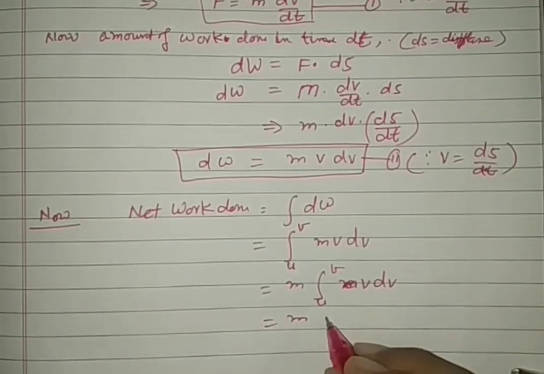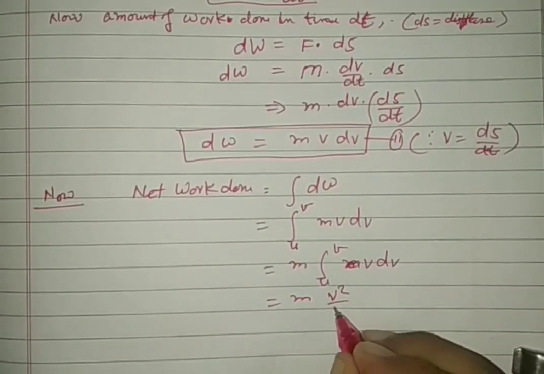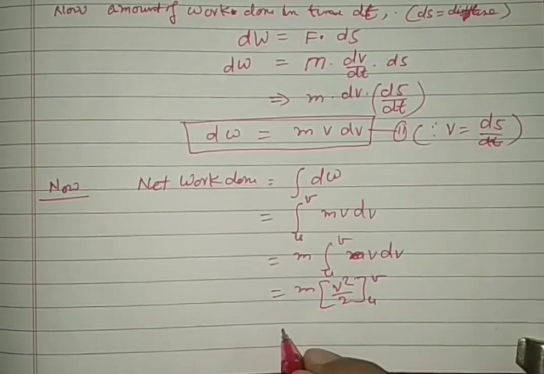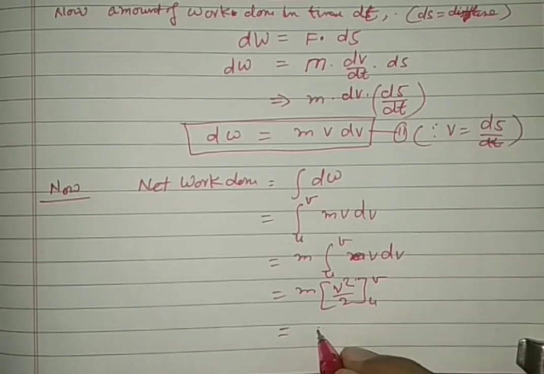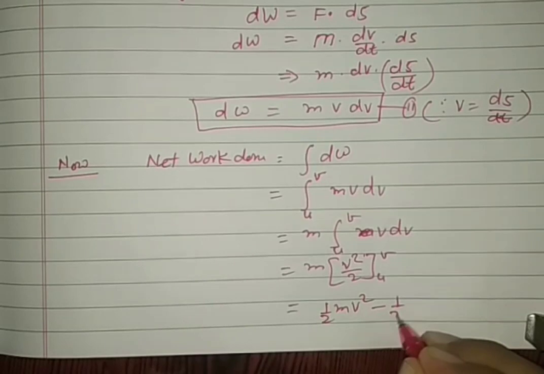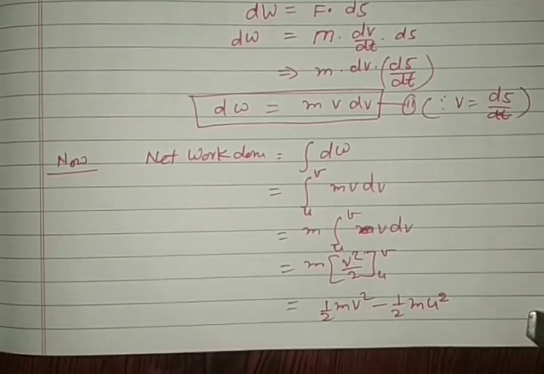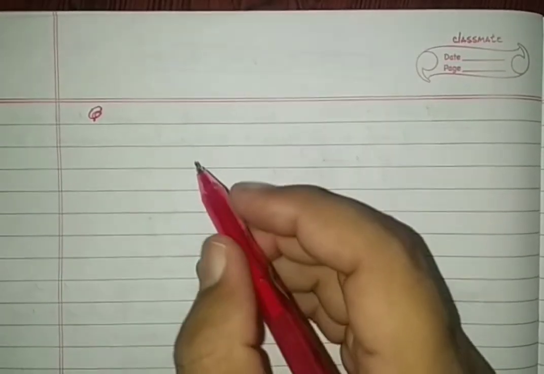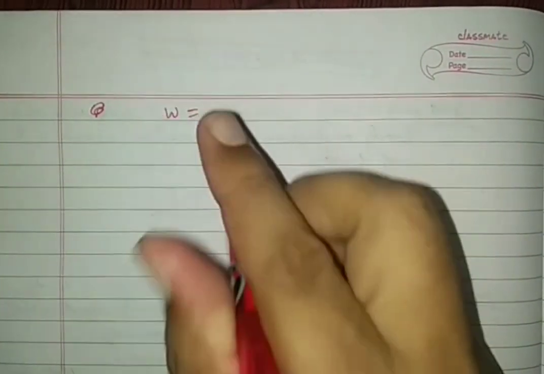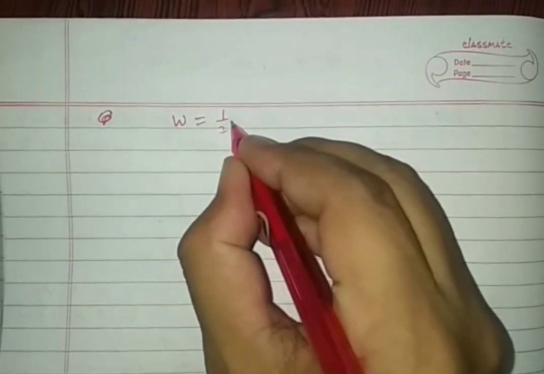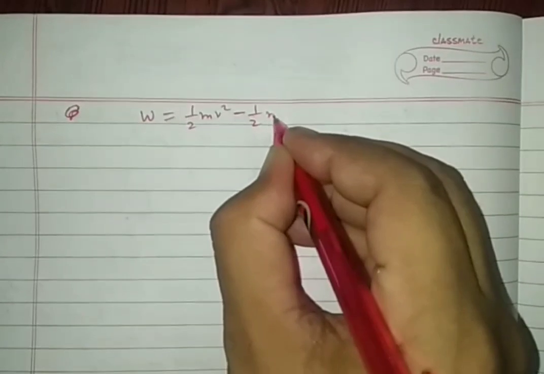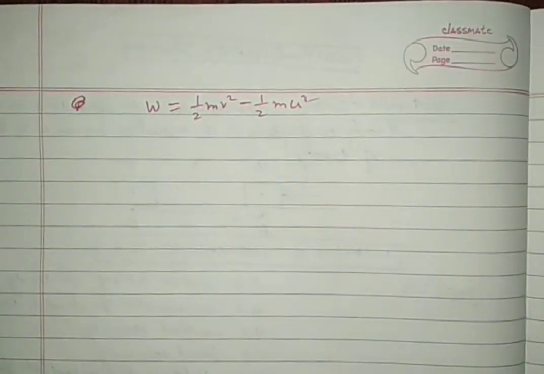Now it is m v square by 2 from u to v, or by putting in the values, half m v square minus half m u square. Now the work done W we have obtained is half m v square minus half m u square.